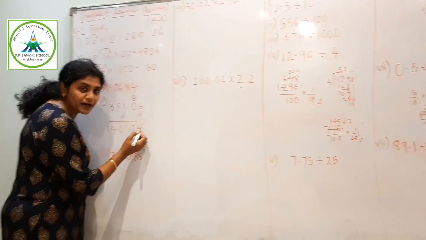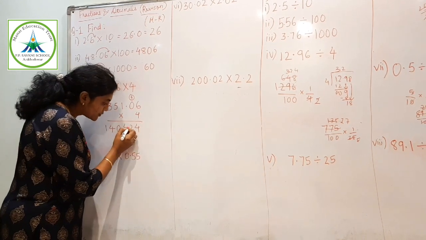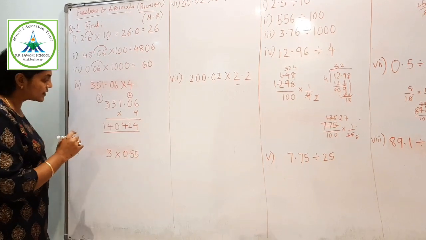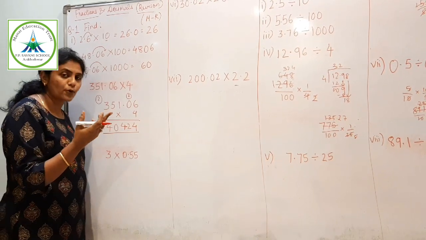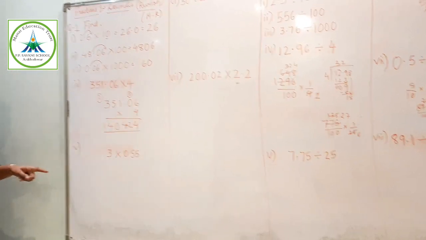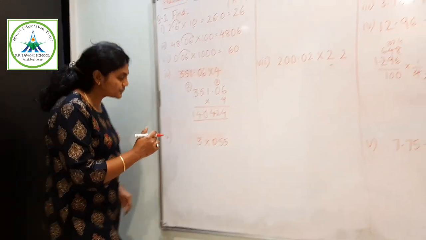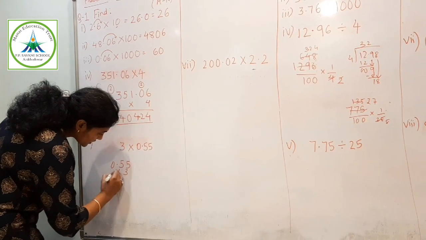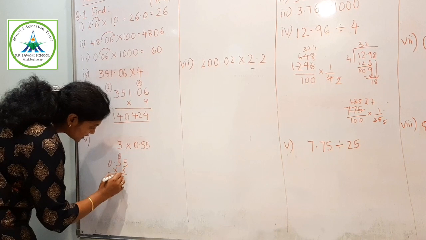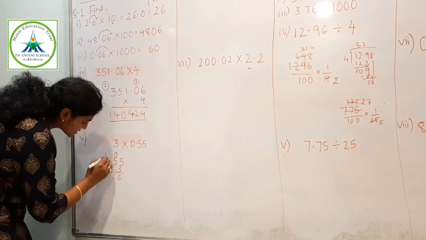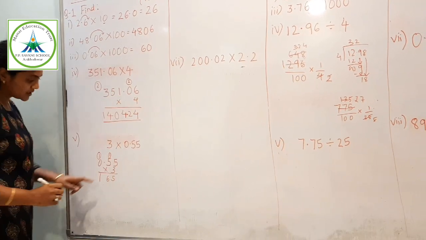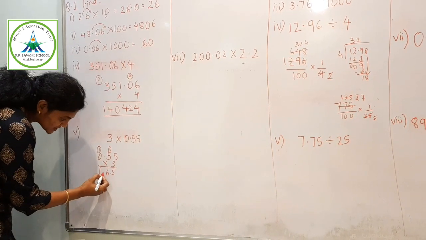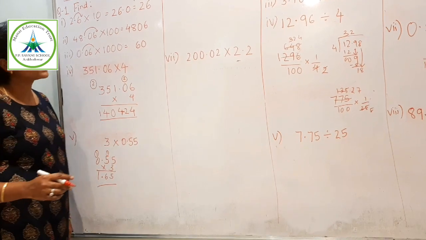So you have to start from the last; before two digits the point will come, and the answer will be 1404.24. Again, 3 into 0.55, multiply it. 3 fives are 15, 3 fives are 15 plus 1, 16. Two digits after the decimal, so before two digits here the point will come.